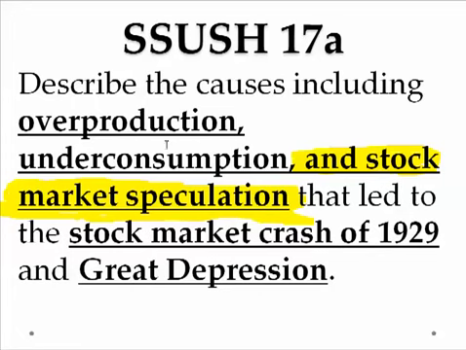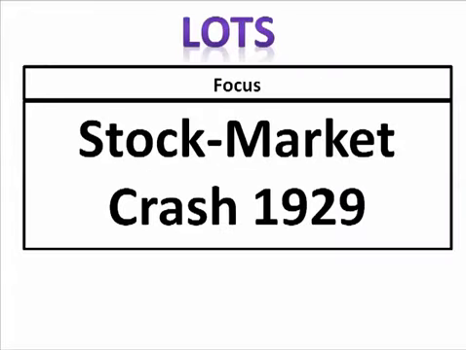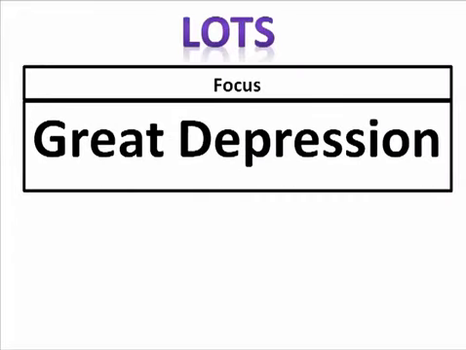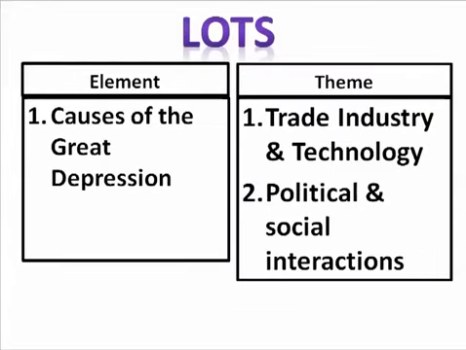But if you have any more questions about this, or need further elaboration on these, ask me in class. Good luck on the quiz, test, EOCT. 1929, we're going to focus on that in our standards, and then the Great Depression. Okay. So let's look. Our element here is causes of the Great Depression, and then we have a theme: trade, industry, and technology, political and social interactions as well.